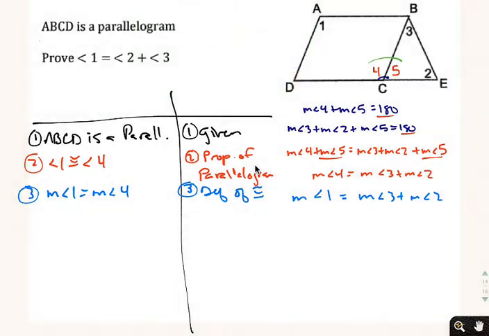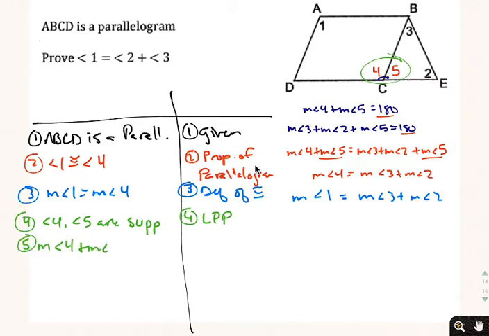So now we can start in on our relationships. Step 4 would be to mention that angle 4 and angle 5 are linear pairs, and therefore they are supplementary. I'm going to abbreviate the reason as the linear pair postulate. And if they're supplementary, that means the measure of angle 4 plus the measure of angle 5 is equal to 180, and that's because of the definition of supplementary.